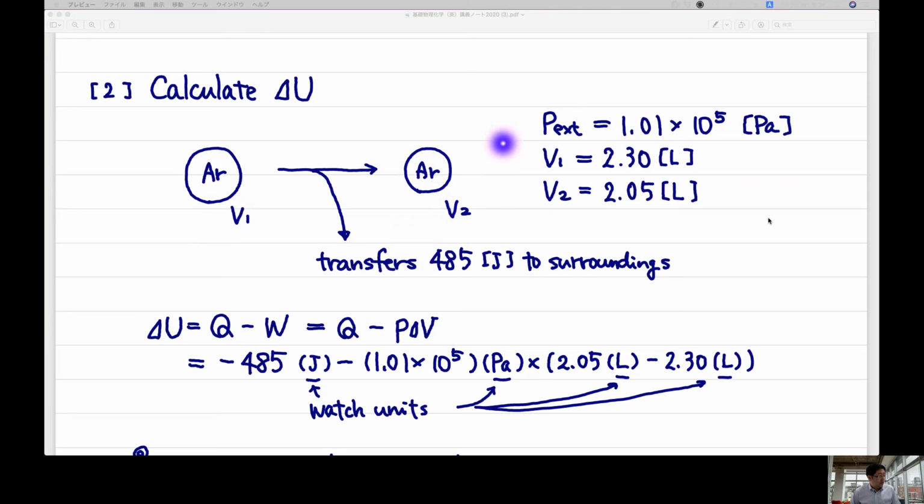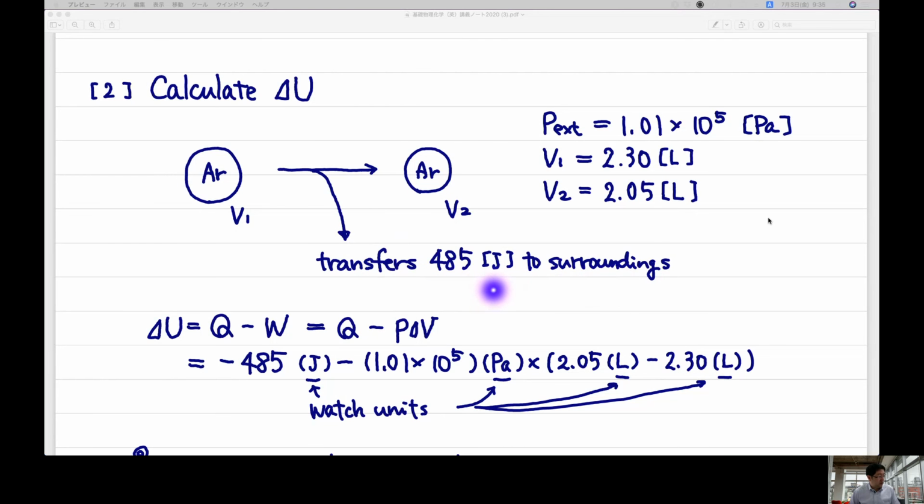Okay, the external pressure is always the same, 1.01 times 10 to the 5 Pascal. The volume 1 is 2.30 liter, and volume 2 is 2.05 liter. So this balloon is shrinking and transfers 485 joule to the surroundings.